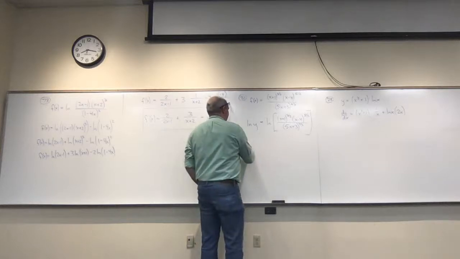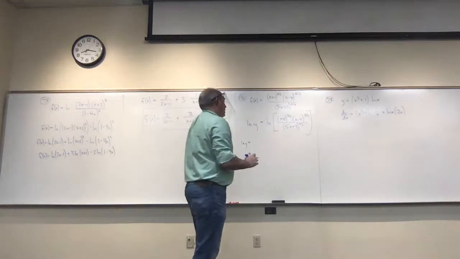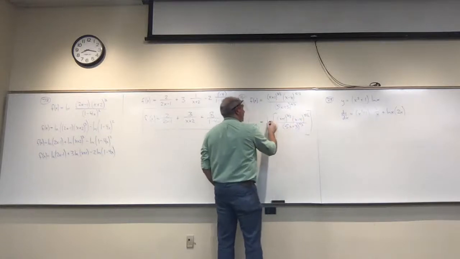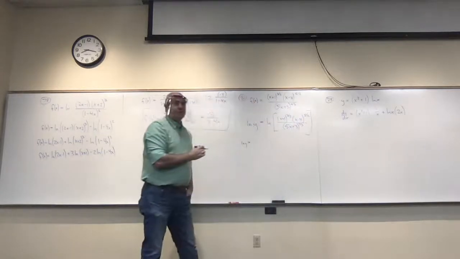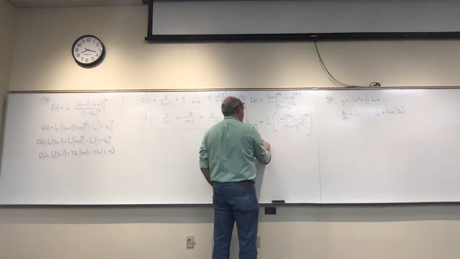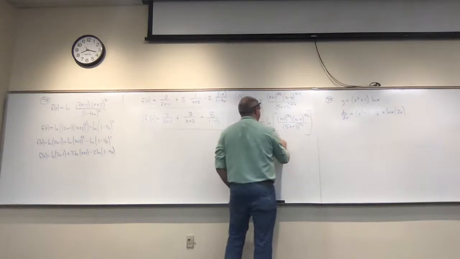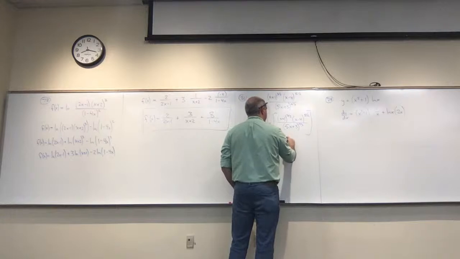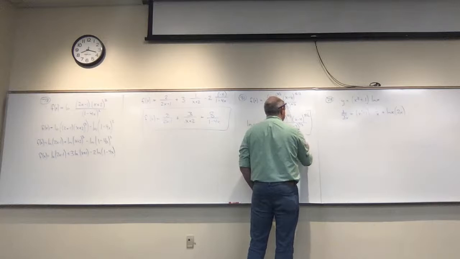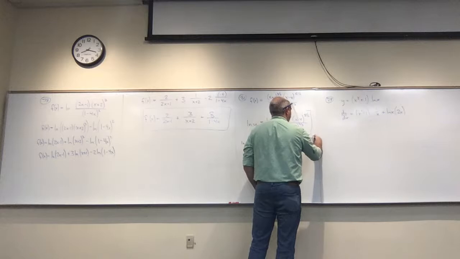Okay, so let's break it up. So I still have ln of y is equal to, if I break this up, ln of this one plus ln of this one minus ln of this one. So I have ln of (x plus 1) to the 3/2 plus ln of (x minus 4) to the 5/2. And then because this one's divided, I have minus ln of (5x plus 3) to the 2/3.